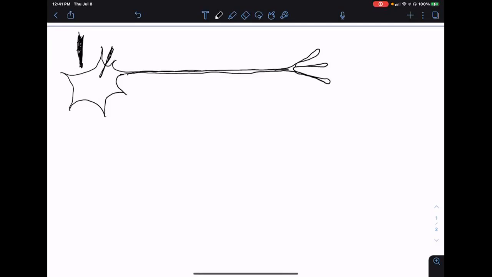And we compare the voltage outside from electrode 1 with the voltage at electrode 2. The difference between these, when we're talking about neurons, tends to be around negative 65 to maybe negative 70 millivolts. It does change depending on which neuron we're recording from and which species we're doing these recordings in.